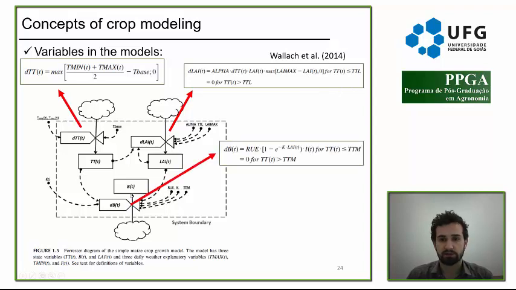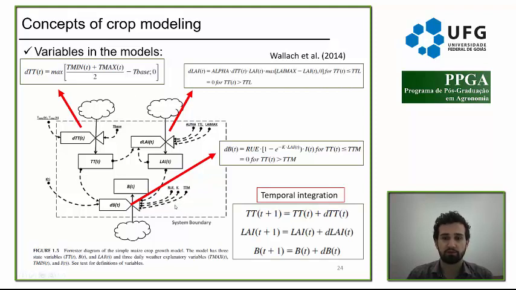And here we have the biomass production based on the leaf area, the radiation use efficiency, and the leaf area index that will affect the interception, and for this specific thermal time we use this equation, and in this case when the thermal time is higher than this variable, the value is 0.